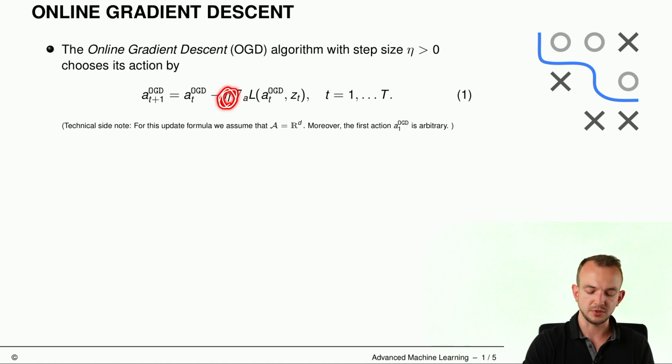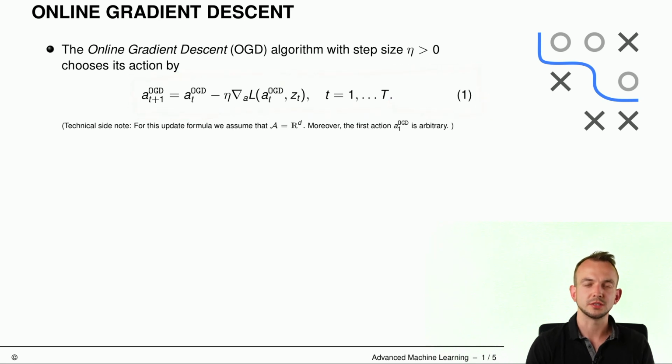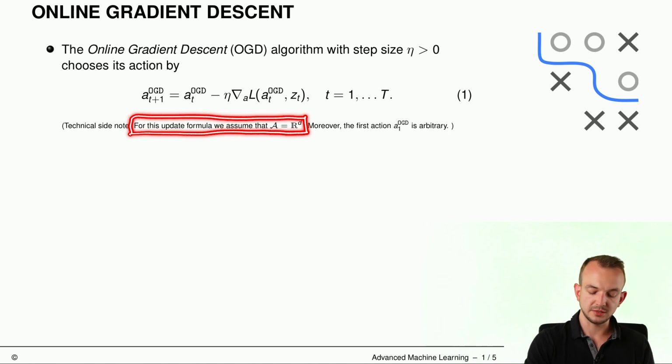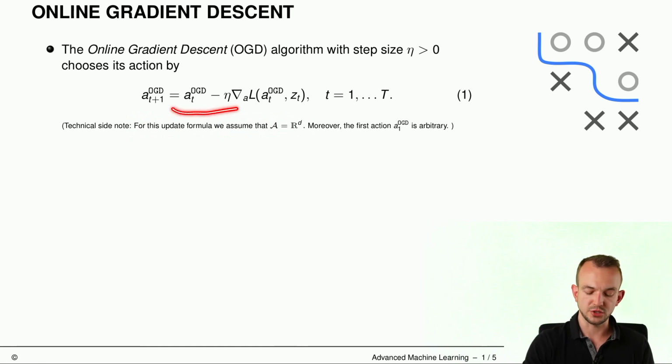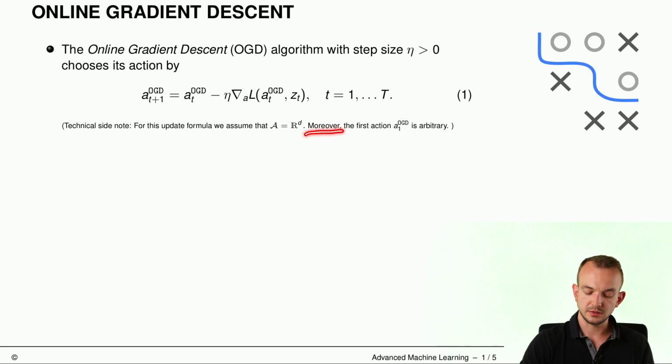We do this update with a certain step size, namely the step size eta, and this is what we do during the entire learning process. Again, this update formula holds only for the case where the action space is R^d. Otherwise, we have to project onto the action space. And as before, the first action is chosen arbitrarily.